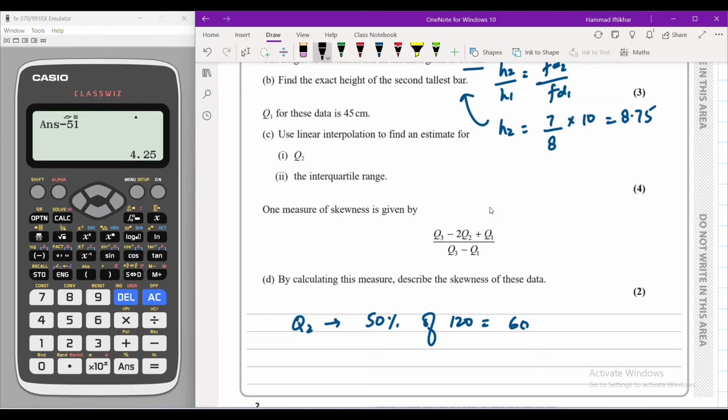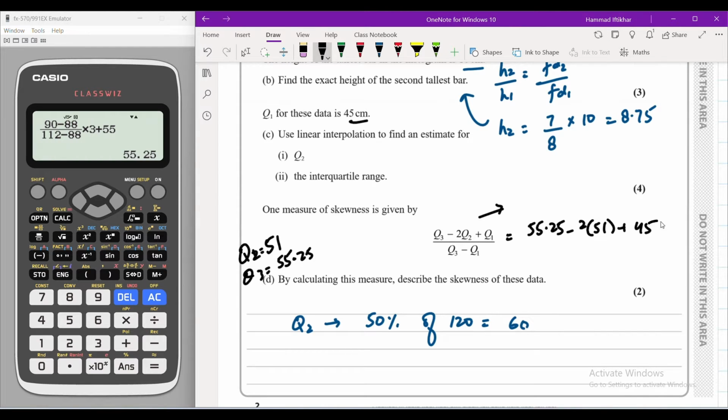All right, so let's plug in the values. 51 was the Q1. Oh, no, sorry, this is Q2. Q1 they gave us, and Q3 we calculated, 55.25. So we have (55.25 minus 2 times 51 plus 45) divided by the interquartile range, which came out to be 4.25.